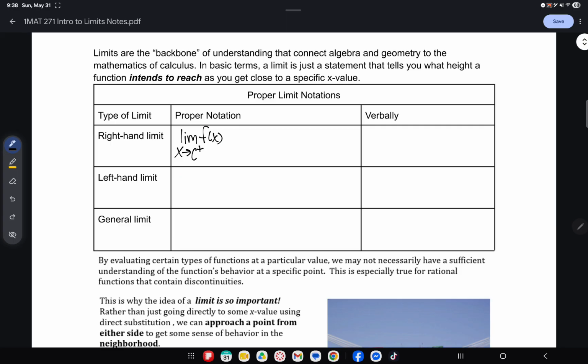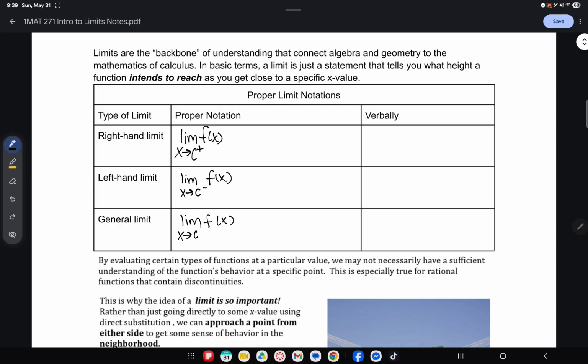For the left-hand limit, we have the limit as x approaches c from the left of the function, so we have the left side with a negative sign. And then the general limit doesn't have any sign at all.